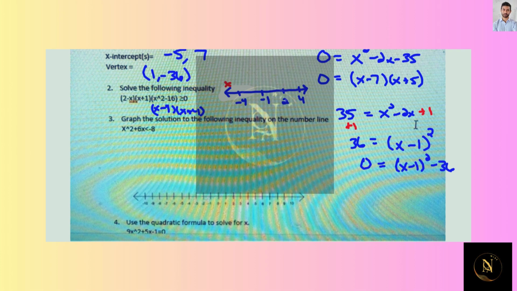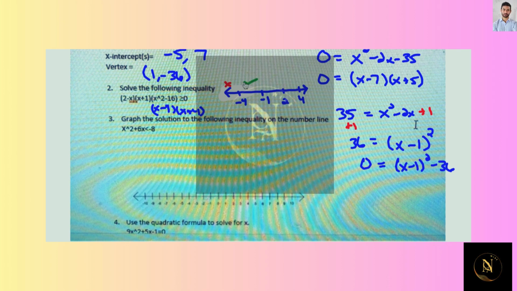Let's test something like negative 2, which is in between negative 4 and negative 1. 2 minus negative 2 is 4, times negative 1, times 4 minus 16, which would be negative 12. We get a positive 48.